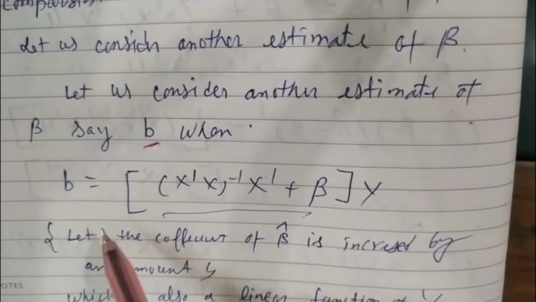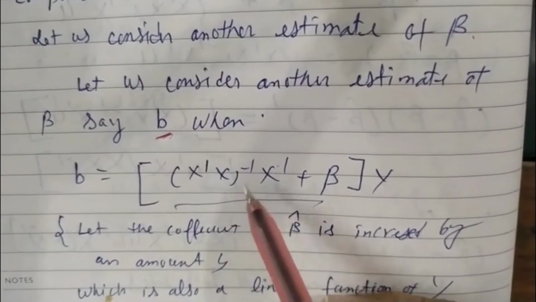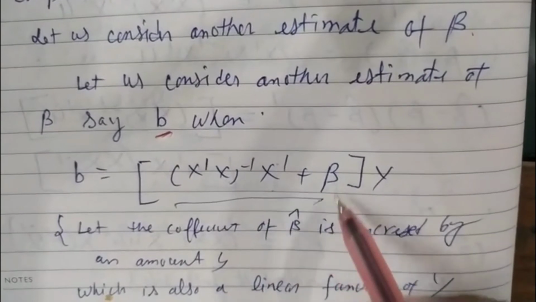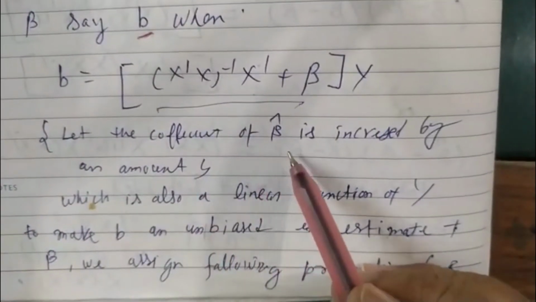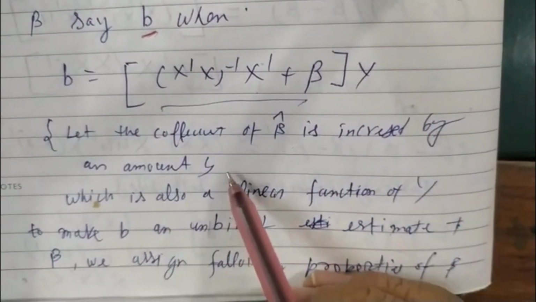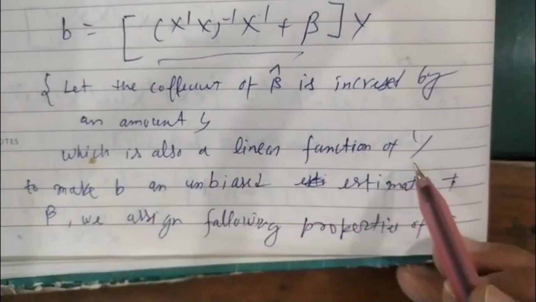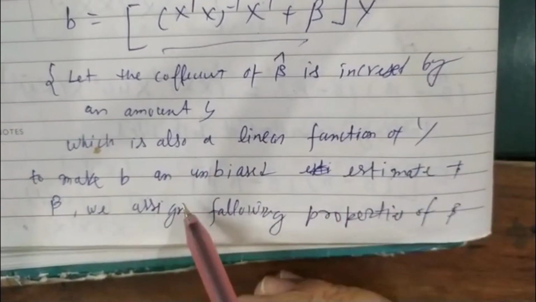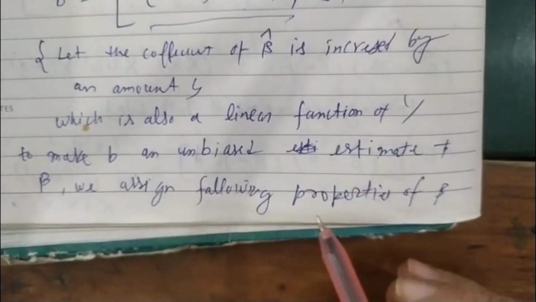Suppose the value of b is ((X'X) inverse X' plus some matrix) times y. The coefficient of the estimate of beta is increased by an amount which is also a linear function of y, to make b an unbiased estimate of beta. We assign the following properties of beta.